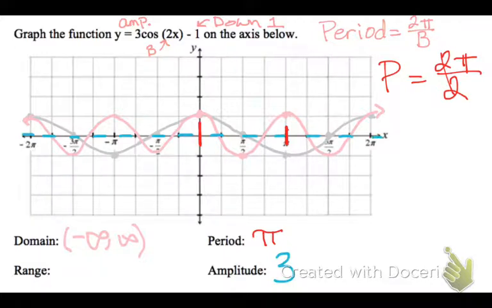So my distance from the midline is going to be 3 units up. So all of these points need to go up or stretch. My maximums are going up 3 units, and my minimums are actually going down.